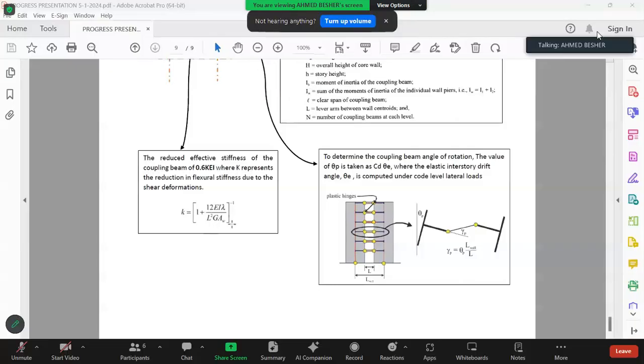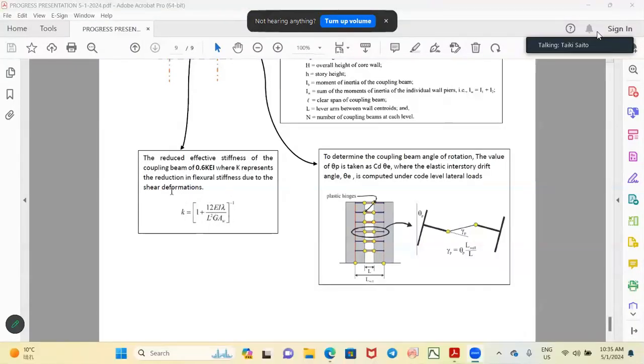Yes, this one. No, it's not nonlinearity. It is shear stiffness, shear deformation. This is elastic shear deformation. Okay, Sensei.